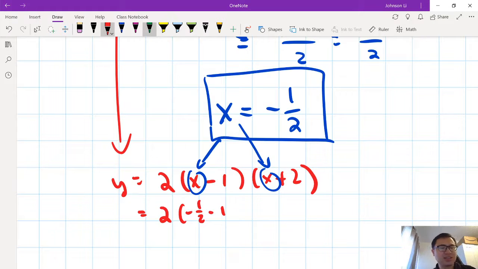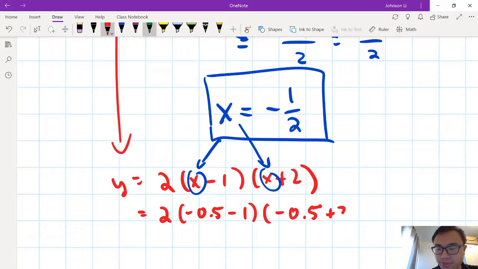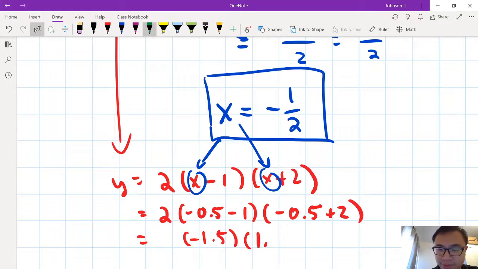And actually, let's stop using fractions because it's a little bit annoying. Maybe it's a little bit more helpful to write it in this form. Negative 0.5 minus 1 is equal to negative 1.5, and this I believe is positive 1.5, and multiply that by 2 in the end.